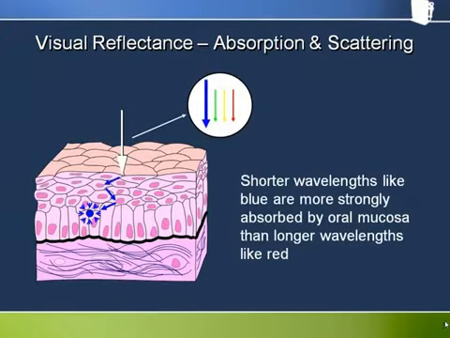That is, if they don't get absorbed first. White light is a mixture of all wavelengths of visible light: blue, green, yellow, and red. Short wavelength light, like blue light, is absorbed very strongly by mucosal tissue. Not many blue photons make it back outside the tissue without getting absorbed first.